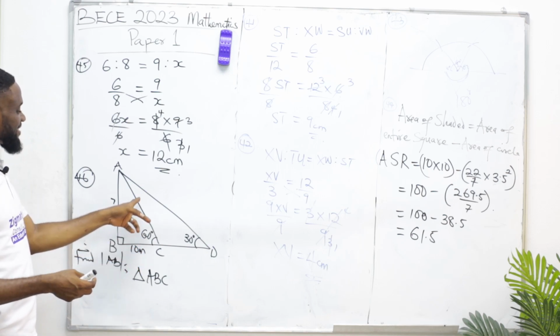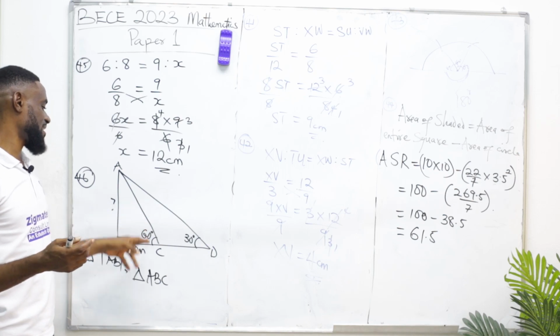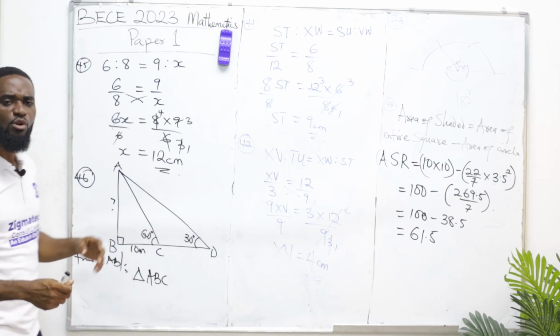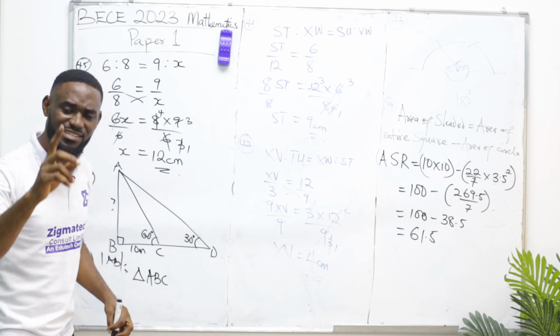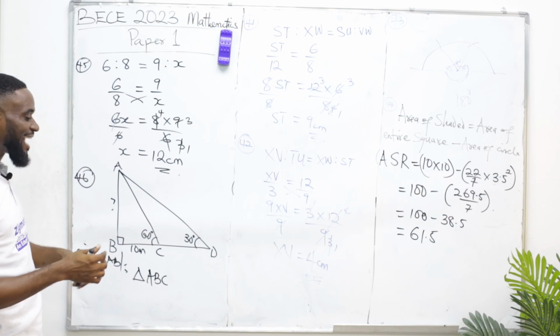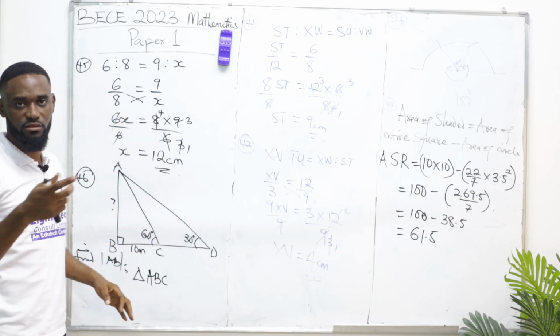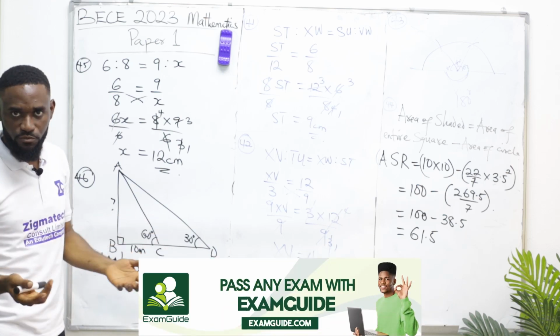If we had the other side, you would have used Pythagoras theorem. But in a situation where you have just one of the sides given and an angle given, another side of that triangle can be found.